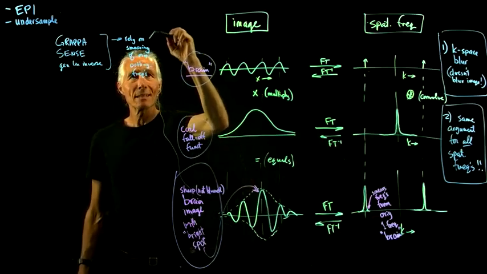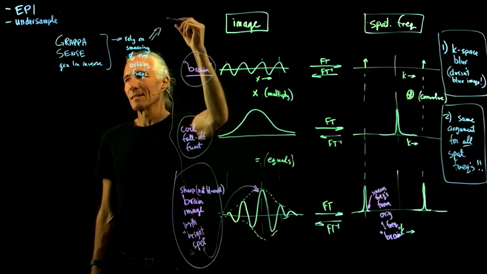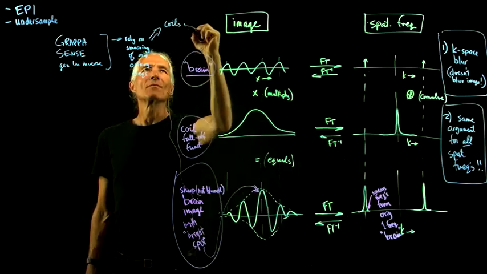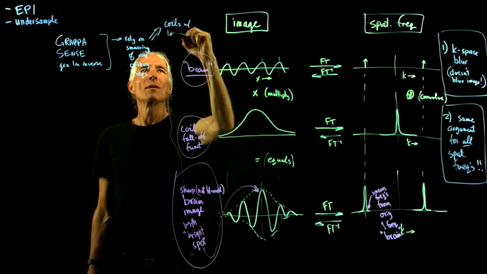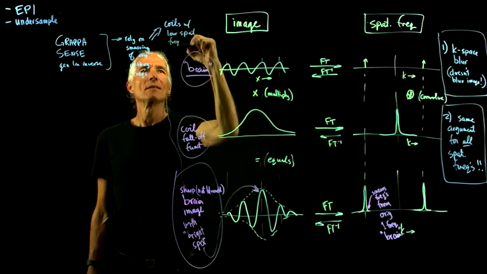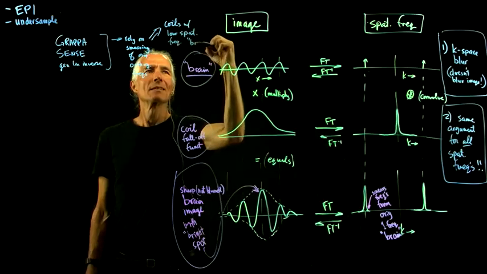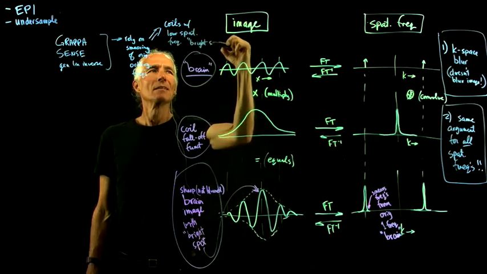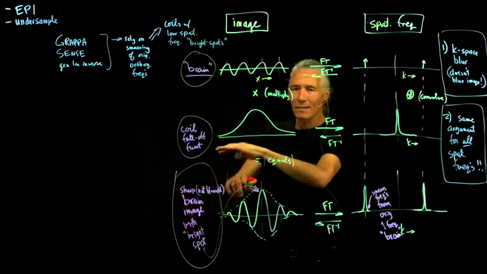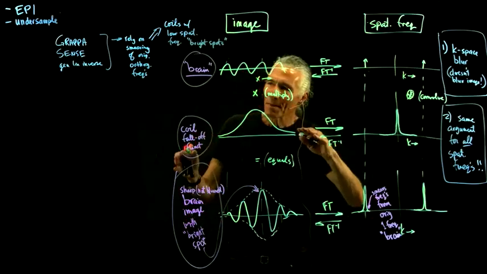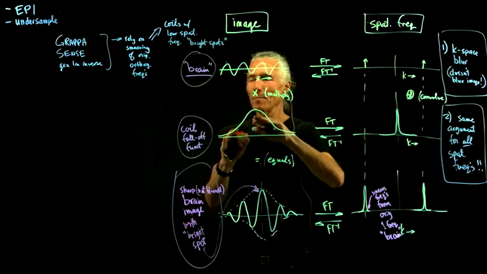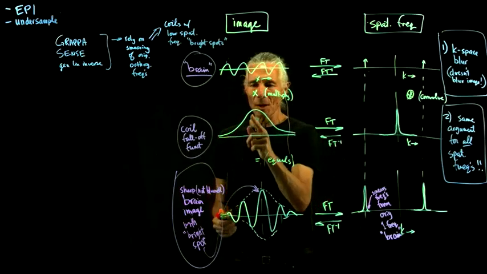What's causing this is coils with low spatial frequency bright spots. All you need is coils that don't record uniformly from the entire brain, and just have a little bit of a bright spot. It doesn't have to be a sharp bright spot.